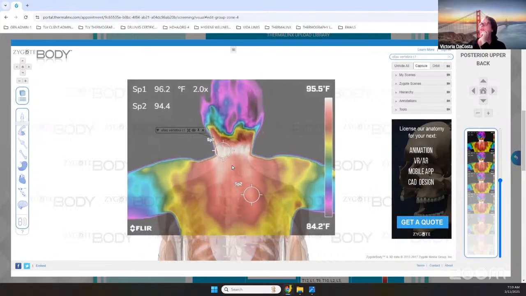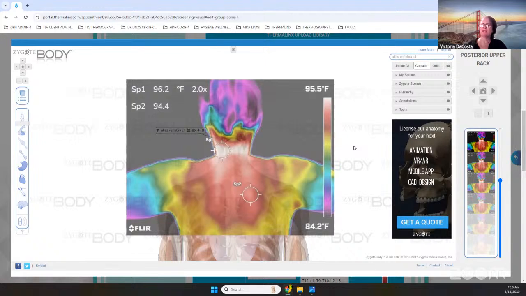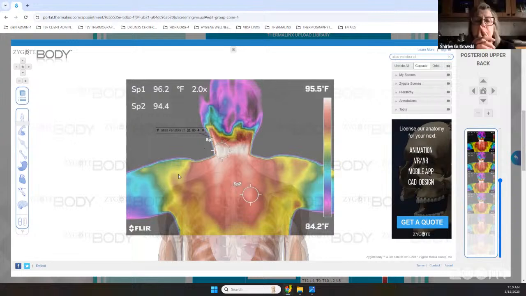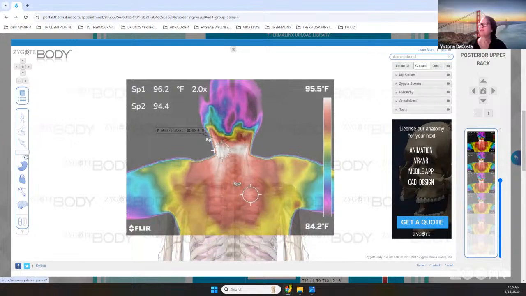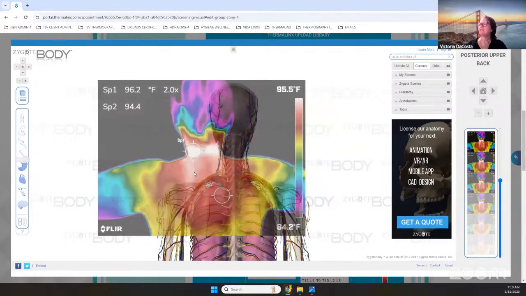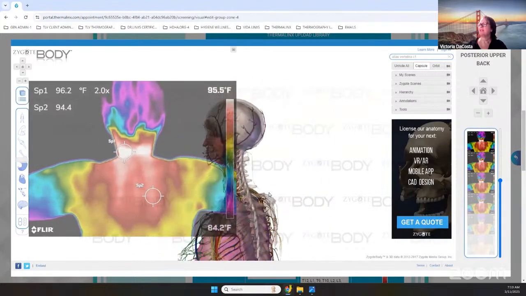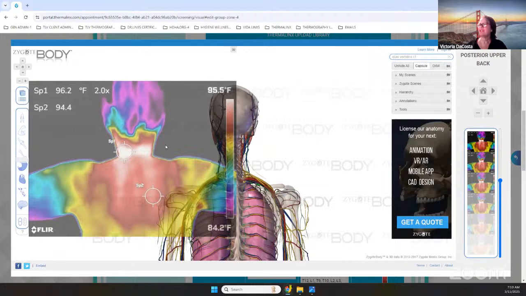I work with a person that does what's called neural matrix release. So he'll work with cases where she's got nervous system and nerve circulation issues.